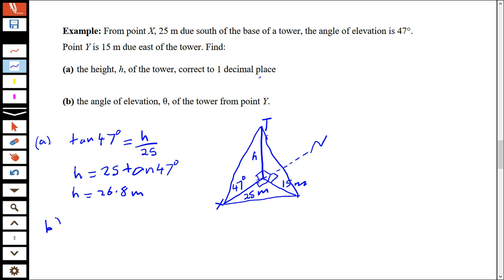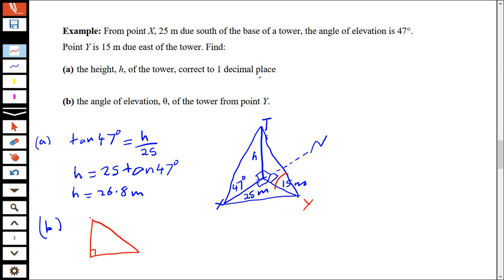Part B says work out the angle of elevation. So the angle of elevation, we've got to work out from Y. So Y is out here somewhere. So this is the angle we want here. So that means we're looking at this triangle. So draw the triangle here.